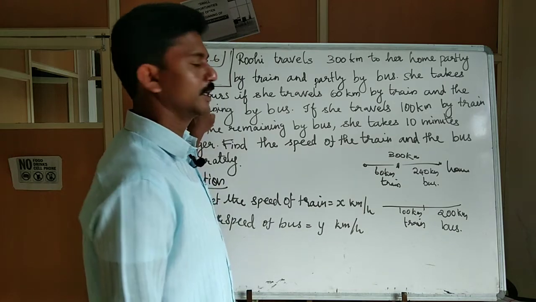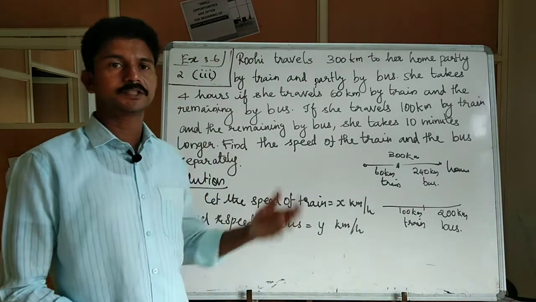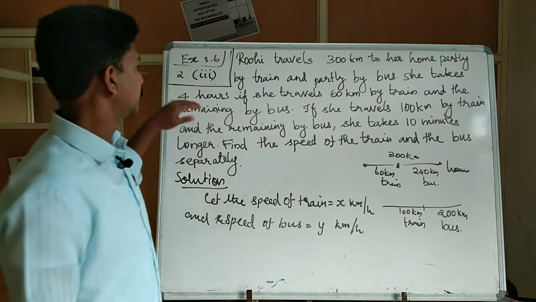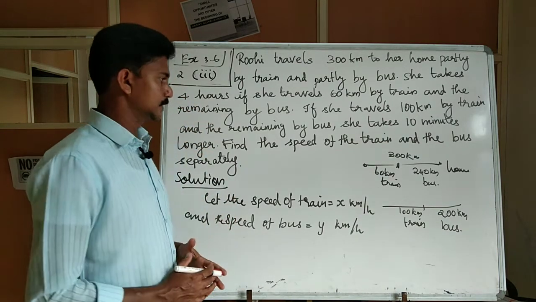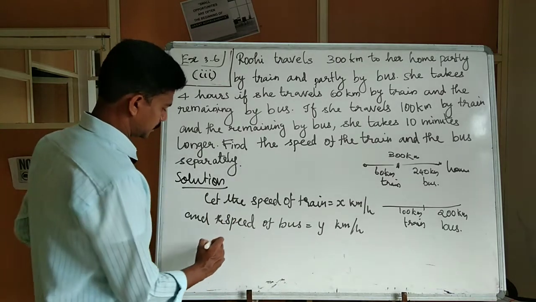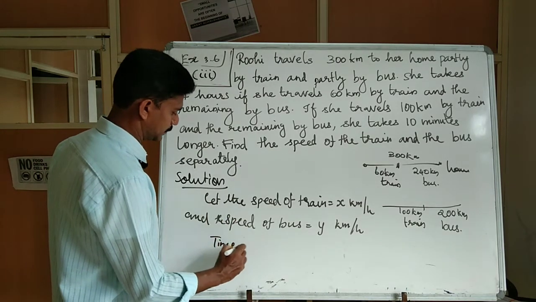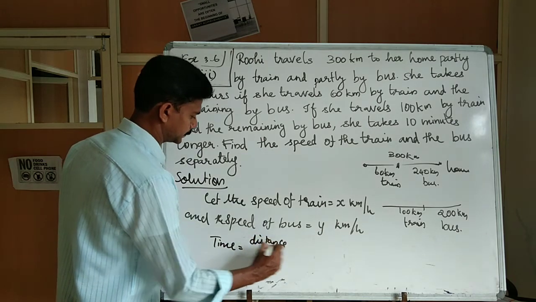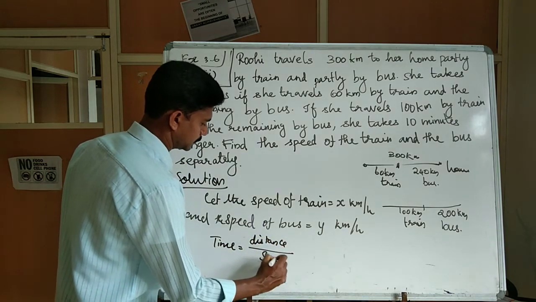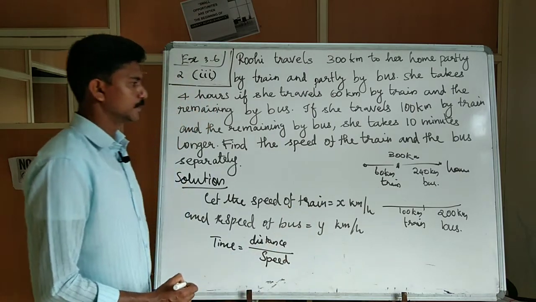So they have given time. In the previous two questions we equated to time, so here also we are equating to time. Time formula: time is equal to distance by speed.